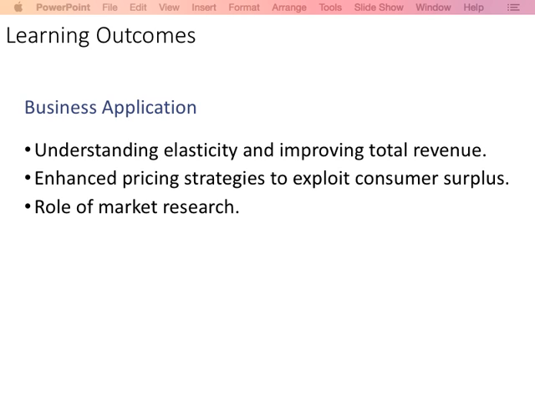How revenues are determined by looking at the demand analysis, or the price elasticity of demand of different products. And we look at pricing strategies and see how consumer surplus can be used to exploit the available demand for different kinds of products within the same market. And look at the role of market research.